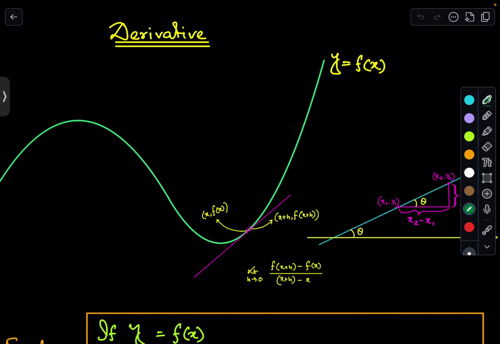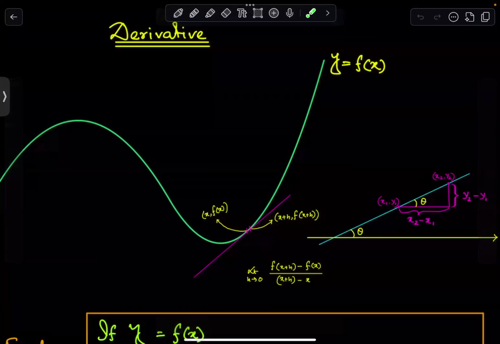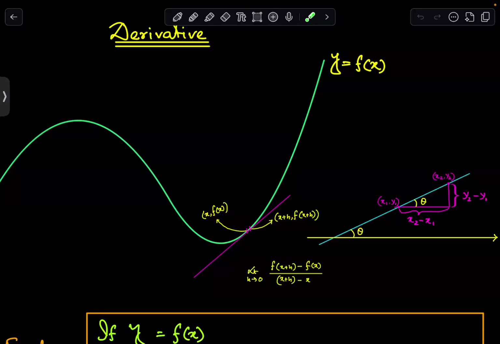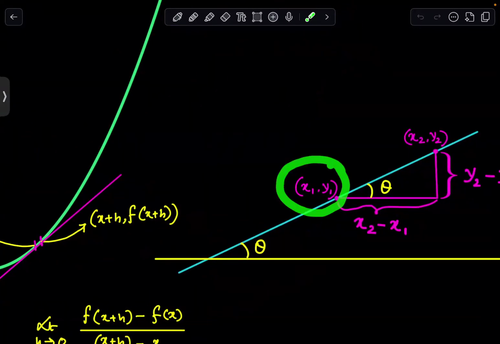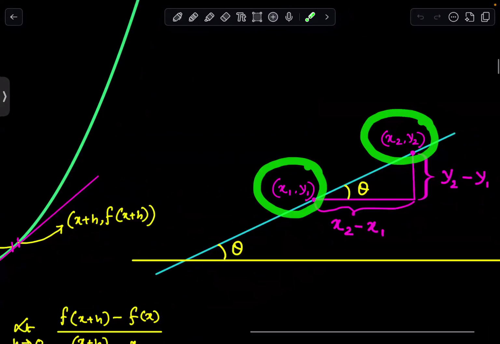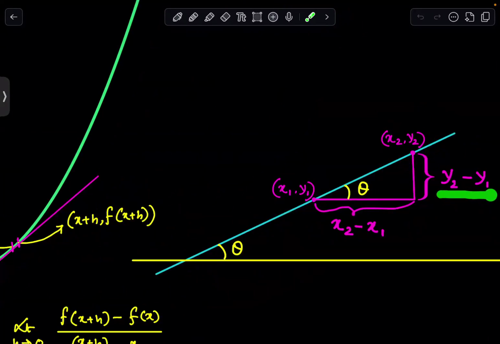It doesn't matter for how long a span you consider, it stays the same, as straight lines are curves which don't change direction. So it doesn't matter how far apart we select two points x1, y1 and x2, y2, the rate of change, y2 minus y1 divided by x2 minus x1, will always be tan theta for a constant inclination theta.